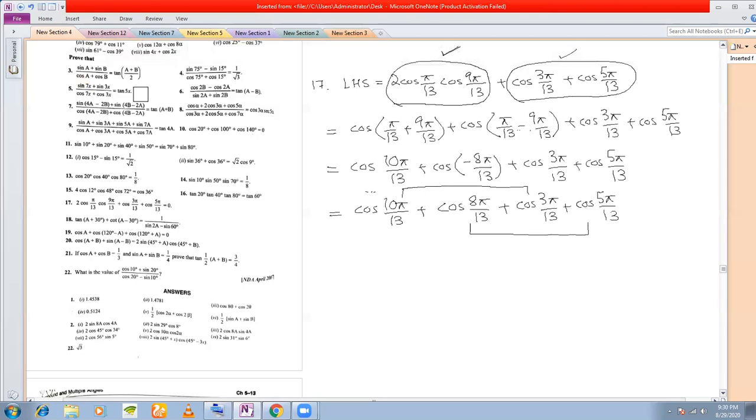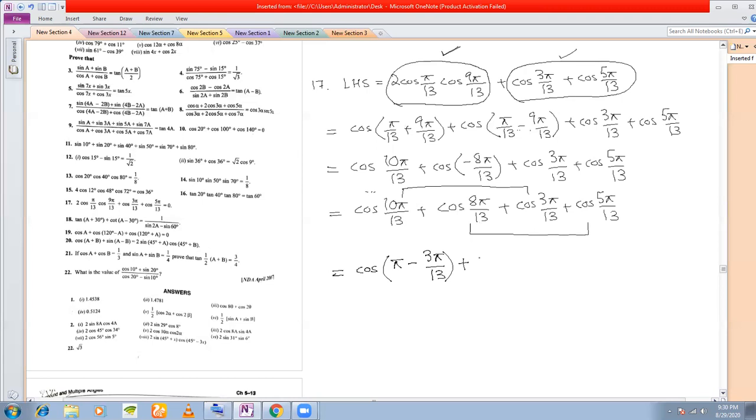See that I will write 10 pi by 13 in terms of 3 pi by 13. See that cos 10 pi by 13 can be written as cos of pi minus 3 pi by 13. If you take the LCM, you will get 10 pi by 13, right? Isn't it? 10 pi by 13 can be written as pi minus 3 pi by 13. That is something that you will have to figure out on your own. There is no thumb rule here.